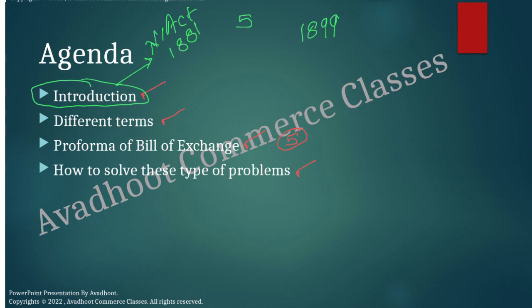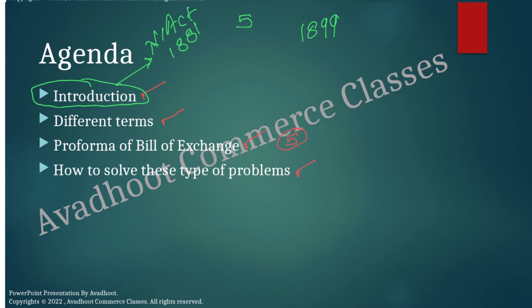You have to write the proper amount: 5,000, 10,000, 15,000, 1 lakh, 20 lakhs, whatever may be the case. There should not be any condition, that is, it must be unconditional. It must be signed by the maker. The amount must be payable either to a certain person or his order, or to the bearer of the bill. All these are the features of a bill of exchange.